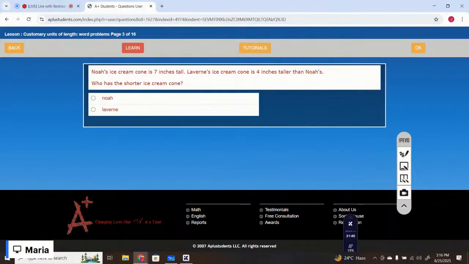Noah's ice cream cone is 7 inches tall. Levin's ice cream cone is 4 inches taller than Noah's.